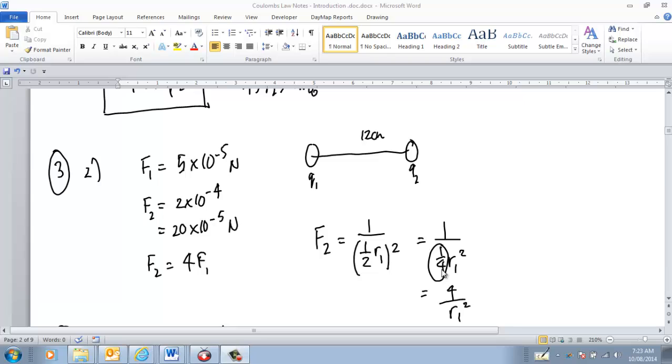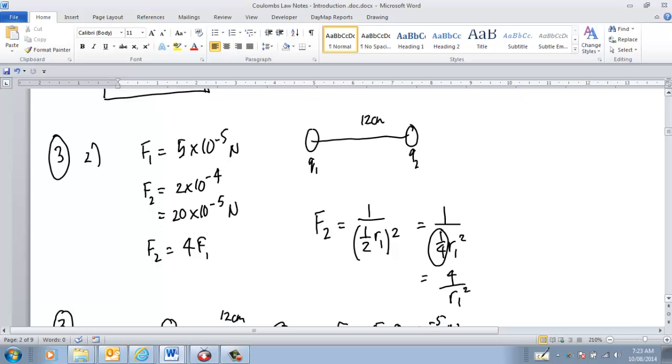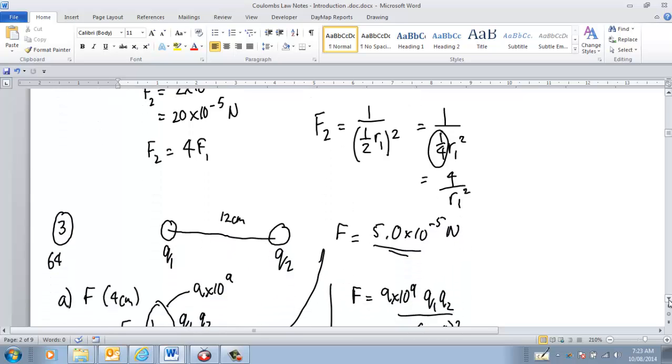Because you're squaring the 1, you're squaring the 2, and you're also squaring the r1. Now, when you divide by a fraction, what we do is we invert and multiply. So therefore, force number 2 is going to be 4 times whatever force number 1 is, which is 1 over r squared. Got the idea? So that's the thinking behind it.